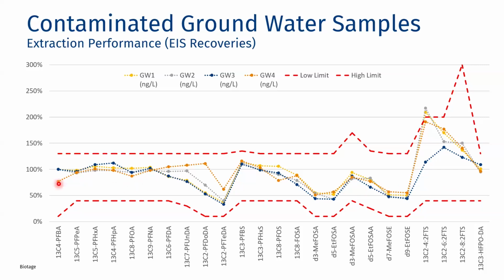And for the most part, in all of these groundwater samples that had high levels of PFAS in them, all of our EIS fell well within the range. There were a few that fell outside right here, which was the 4:2 FTS.